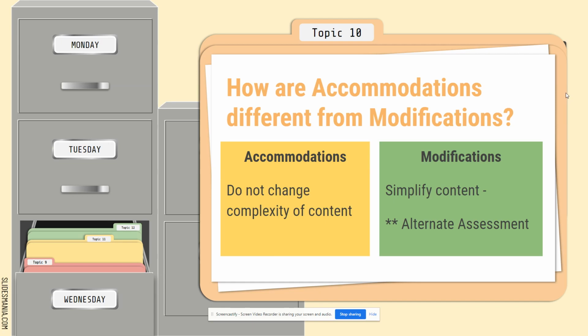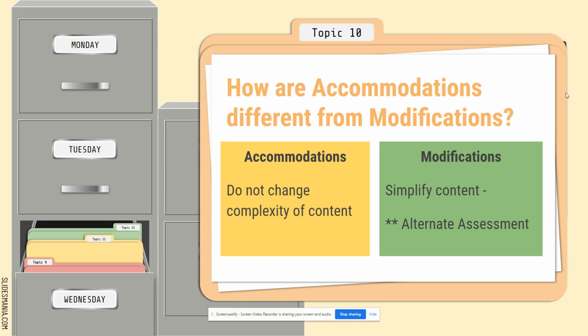When we think about modifications, often we think of students who participate in alternate assessment. So if we go back to that fifth grade example, now, instead of them hearing the entire text read out loud, we might simplify that to three sentences and picture supports.